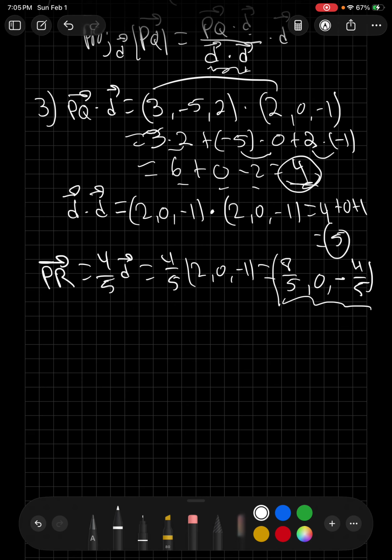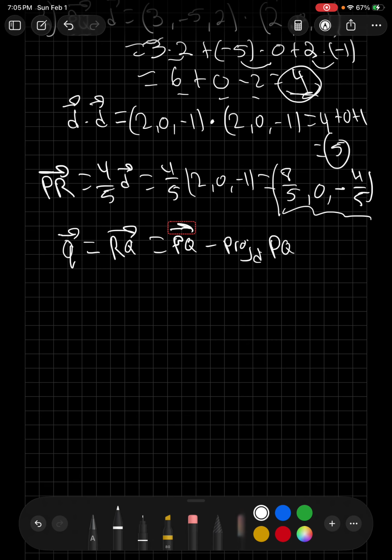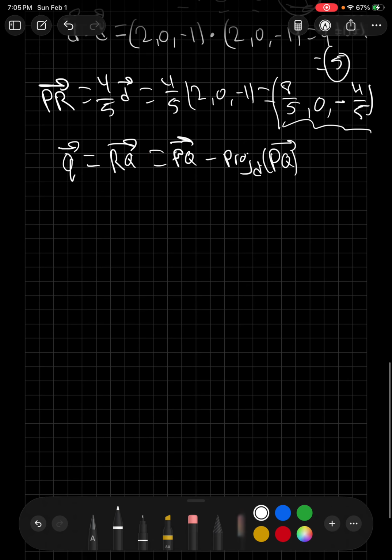And then we want to define this as a function, I guess, of Q. So now that we have our RQ, we can do PQ minus the projection of PQ onto D, and then we just compute that.